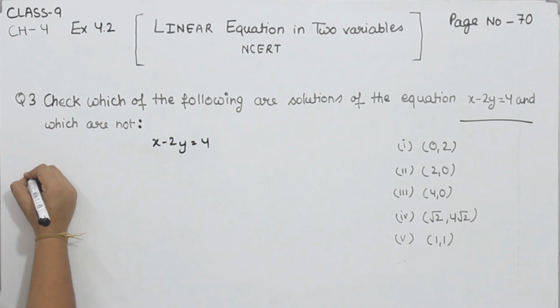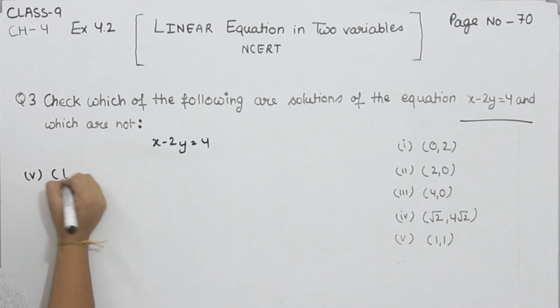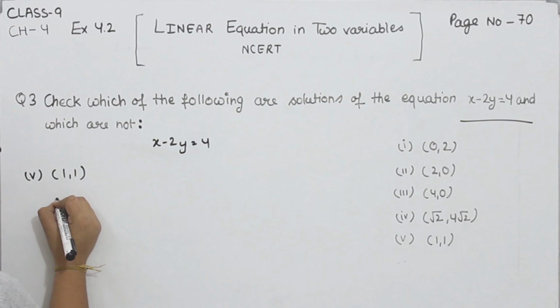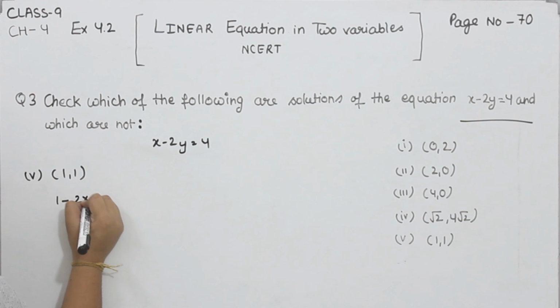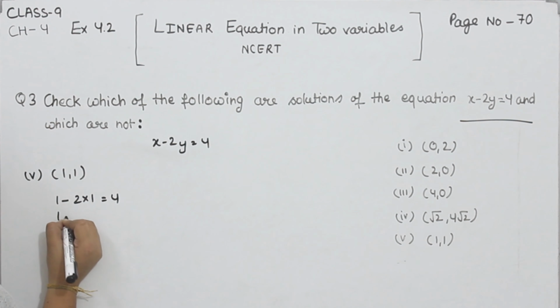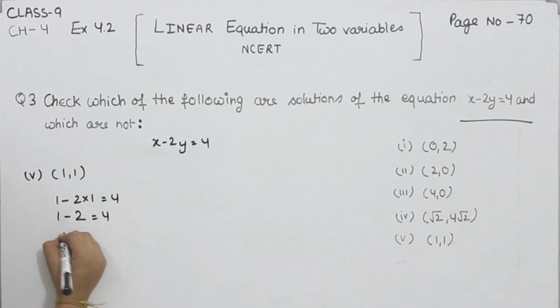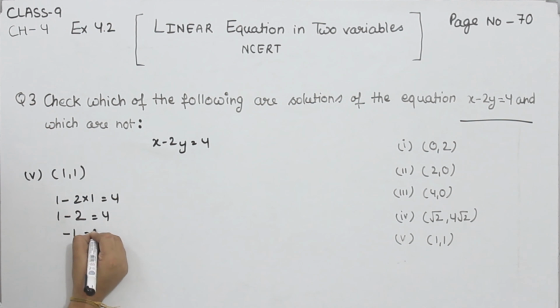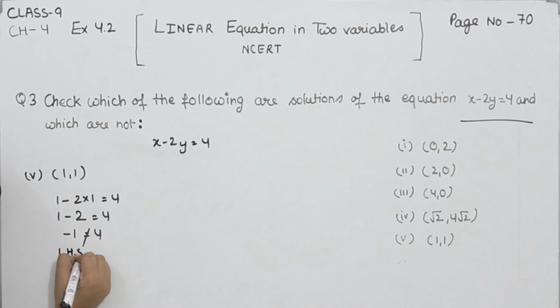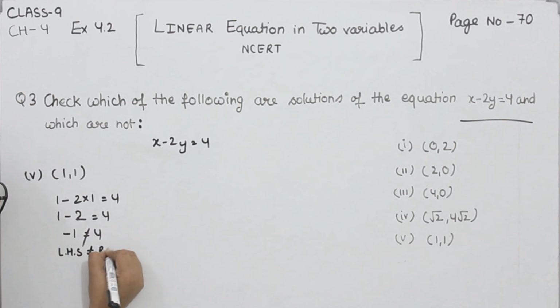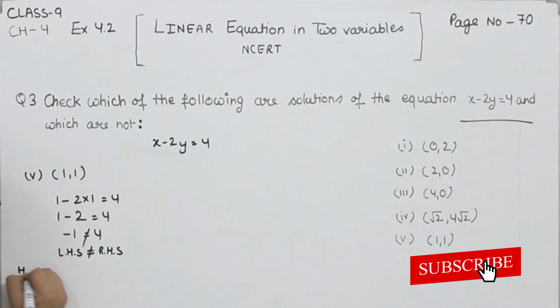Now come to part 5. This one is (1, 1). Now 1 minus 2 multiplied by 1 is equal to 4. Now 1 minus 2 ones are 2 is equal to 4. 1 minus 2, that is minus 1, is not equal to 4. So now we are going to write here left hand side is not equal to right hand side.